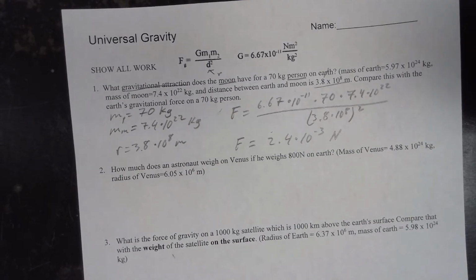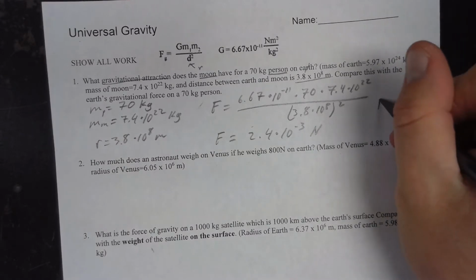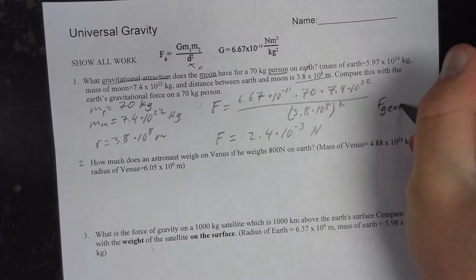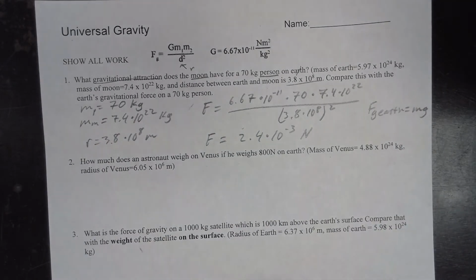Now, the second portion of this question is it asks to compare this to the gravitational force that Earth applies to the person. Well, if you're on Earth, or generally I have the cutoff of if you're in the atmosphere and you're worried about gravitational force the Earth applies, then for the Earth, FG Earth is mg, with g being the 9.8.